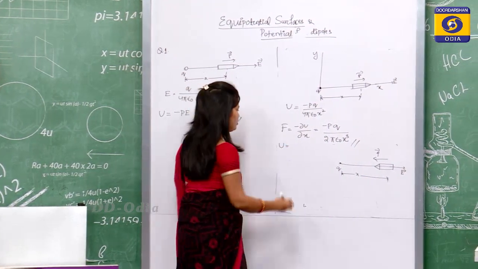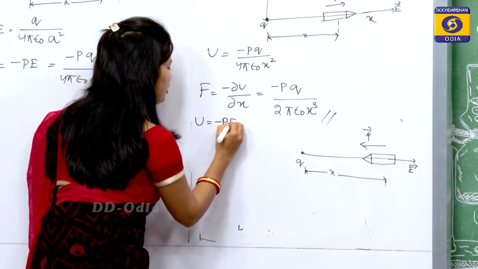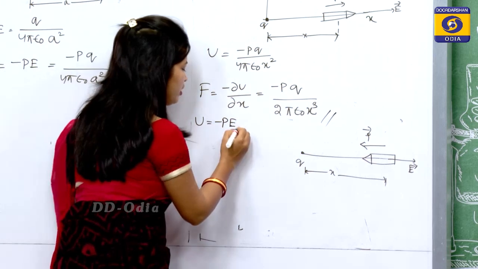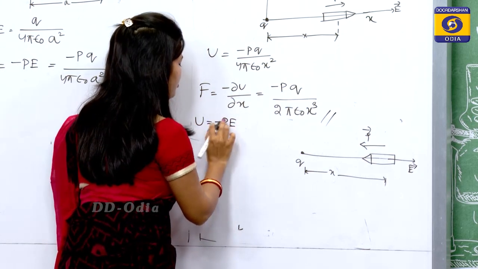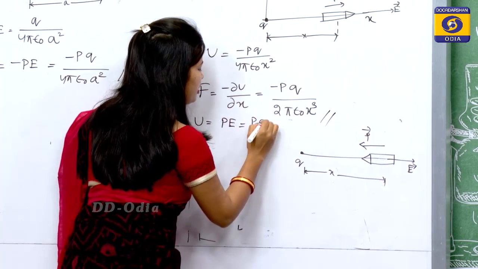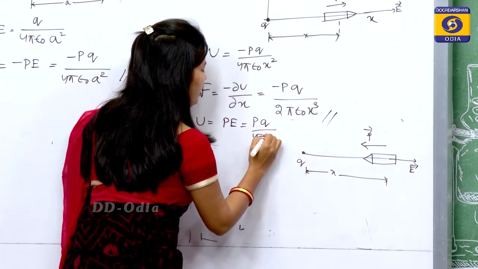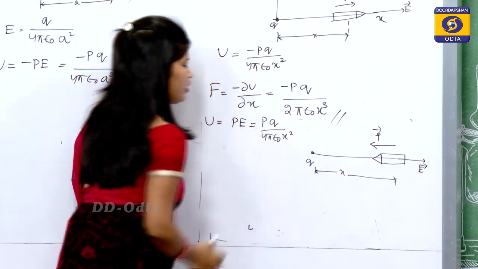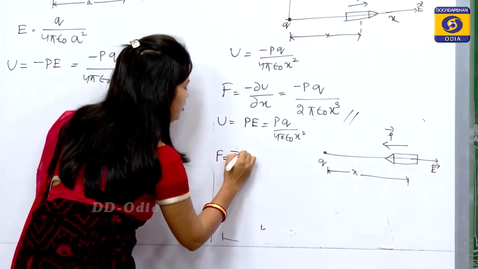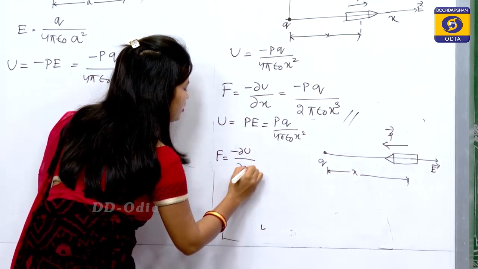U is equal to minus P E cos 180, that is minus 1. So, minus times minus is plus. So, plus P E, that is P q upon 4 pi epsilon naught x square, and force is minus del U by del x.